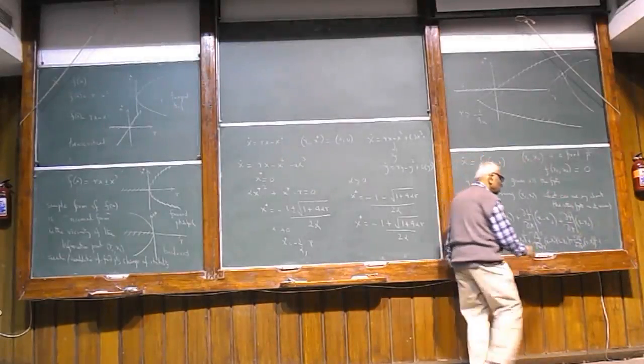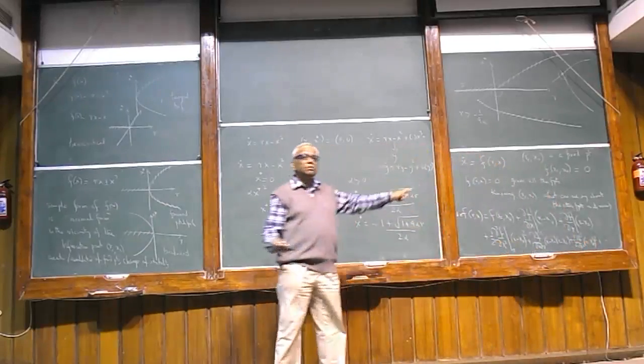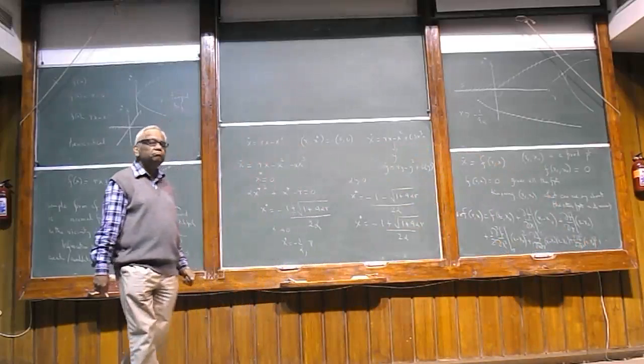So that's what a double Taylor expansion about this point is going to look like.